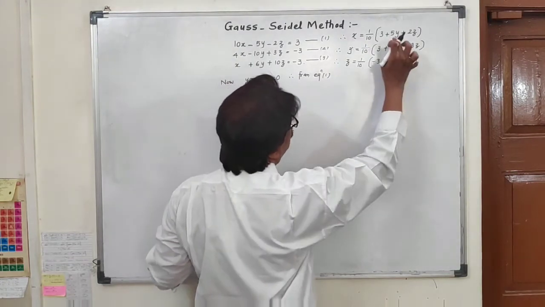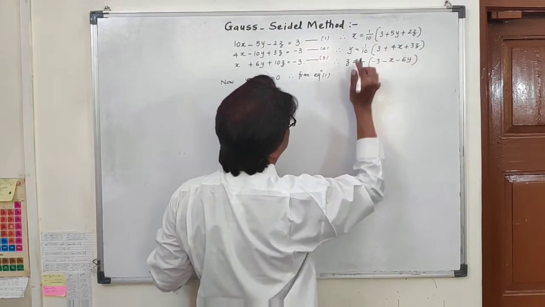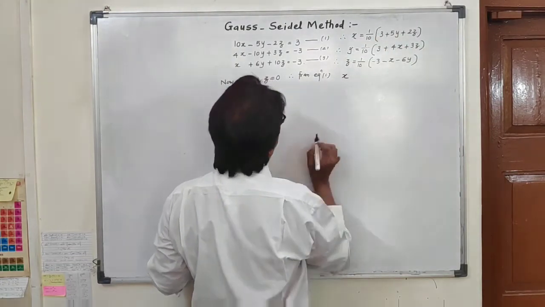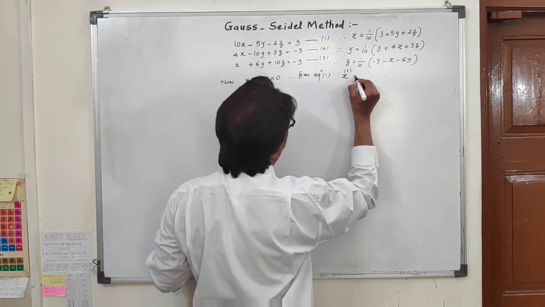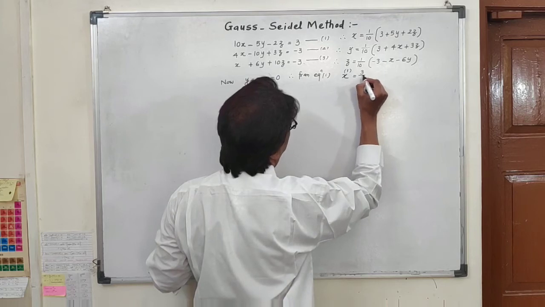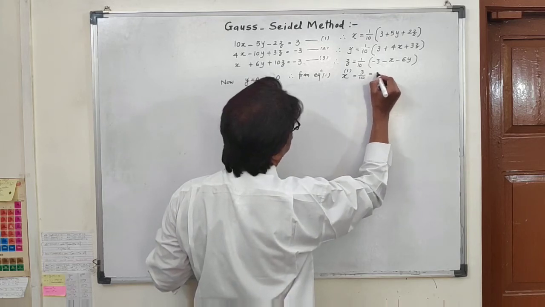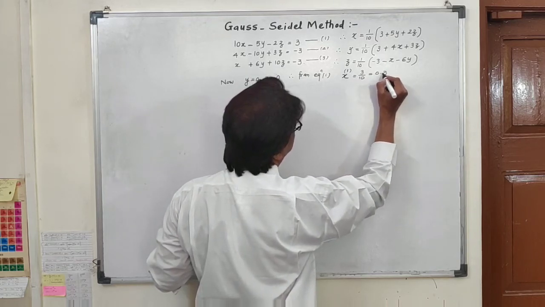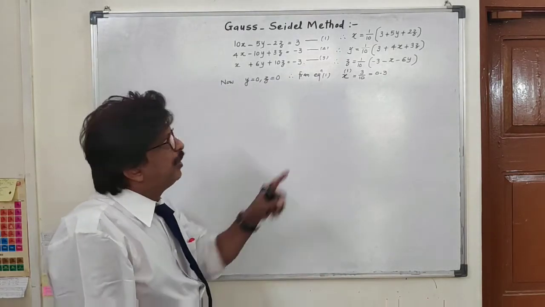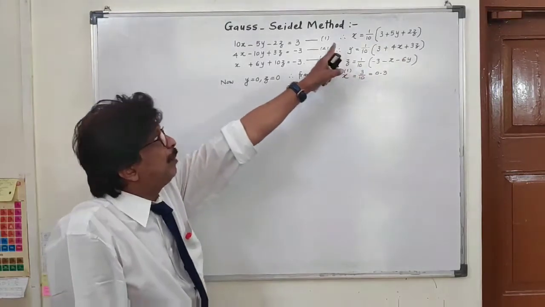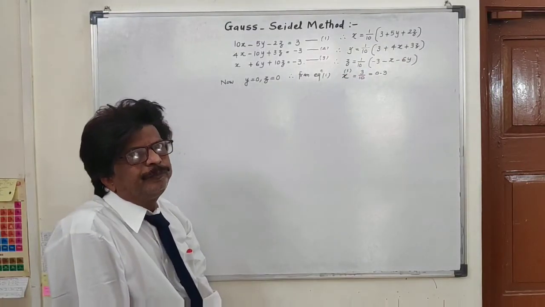So 0 plus 0, x is simply 3 by 10. Now this value is the first iterated value of x. It is 3 by 10, which is 0.3 of course. So from the first equation, with the help of the values of y and z, we determine the value of x.